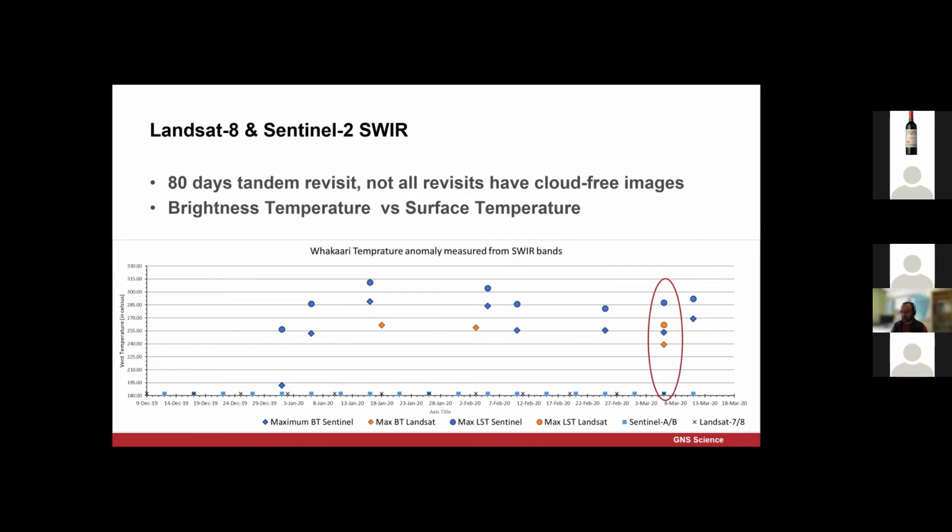What you can see over here is the blue represents Sentinel, and the amber color represents Landsat. And brightness temperature is in diamonds, and the surface temperatures are in dots.